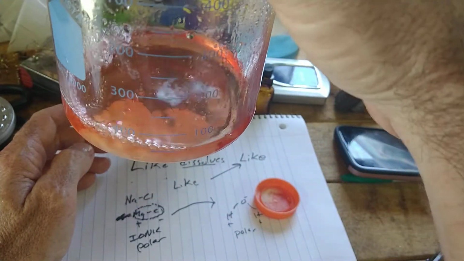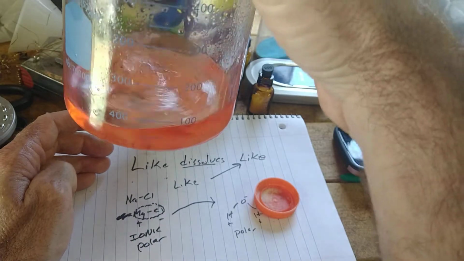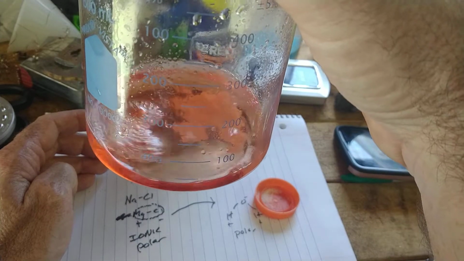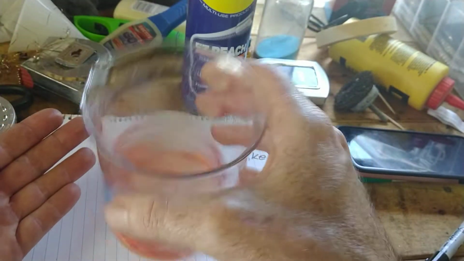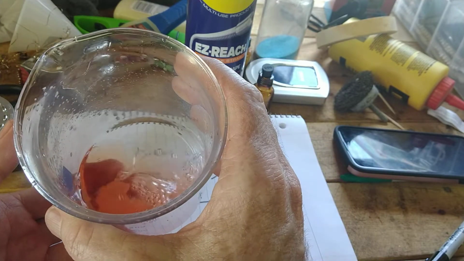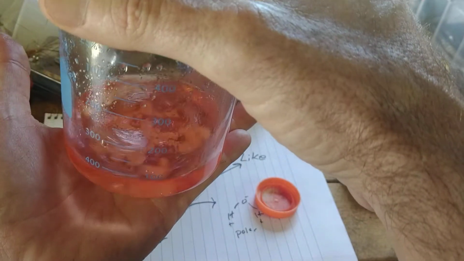Shaking, shaking, shaking. Did it dissolve? Nope. There's all the salt. Let's try it some more. Nope, all the salt is still there. See, that's just getting funky and clumpy. But I'll tell you what it's not doing, and that is dissolving.